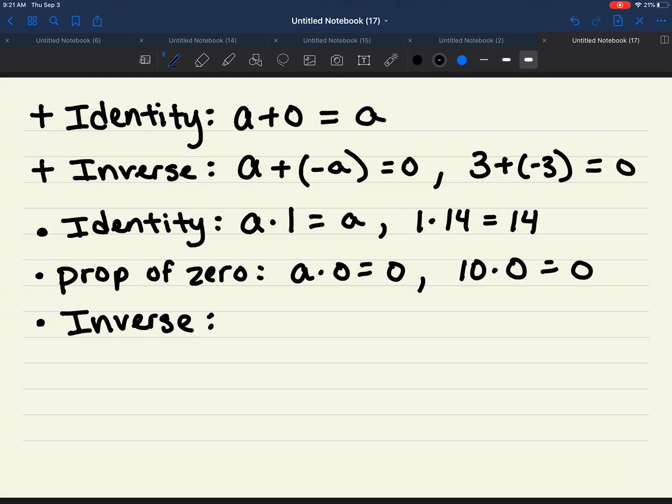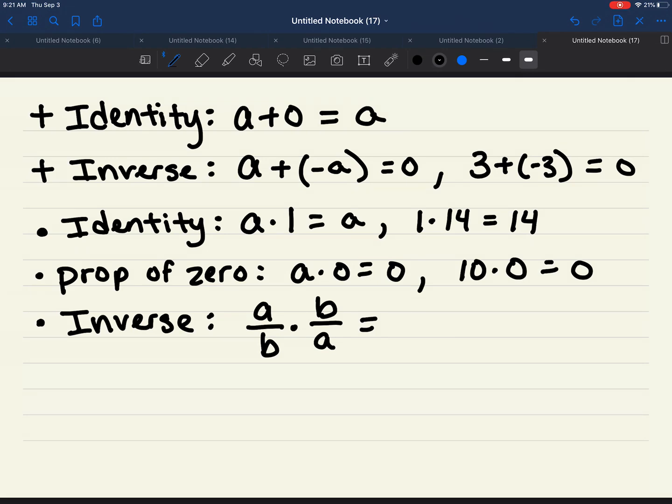All right, what about multiplicative inverse? What would be the inverse of A over B? B over A. Okay, and we know that that would always give you what as an answer?